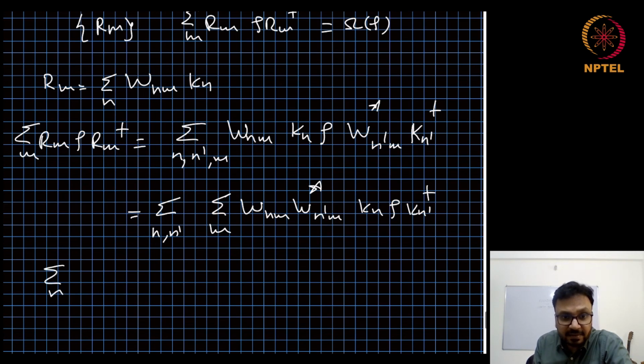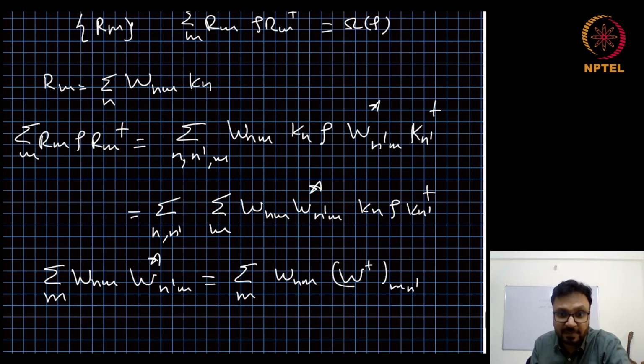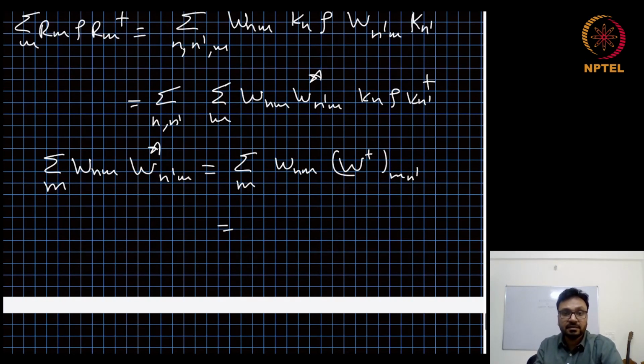Now sum over m, W_nm W star_n prime m is the (n, n prime) element of the matrix W W dagger. Now you can see this is the product of W and W dagger.